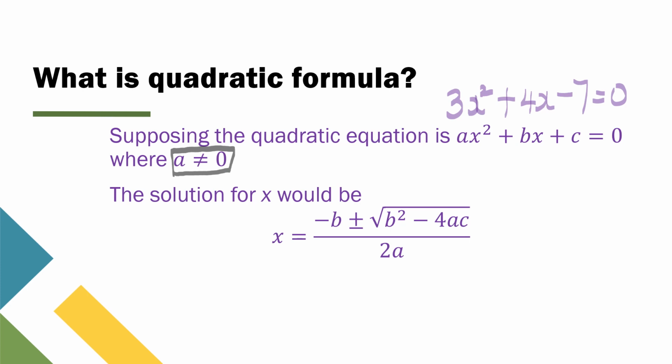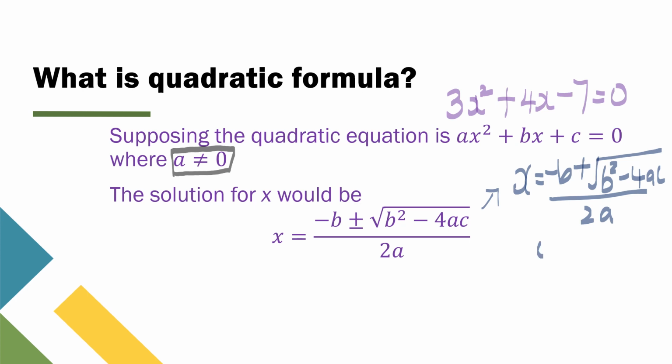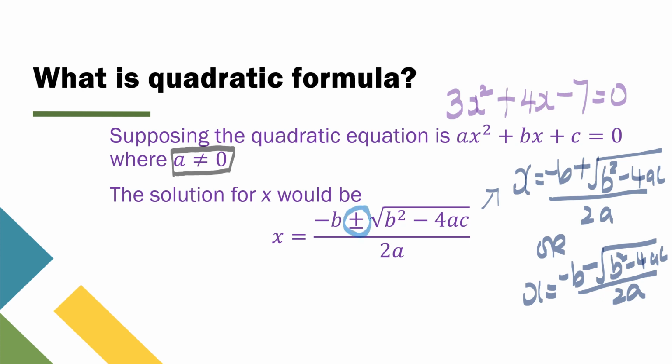Because we're dealing with a quadratic curve, basically there are two solutions possible. So it can be x equals negative b plus square root of b squared minus 4ac over 2a, or it can be x equals negative b minus square root of b squared minus 4ac over 2a. So when you combine both of these, you end up getting a plus and a minus in the middle here.